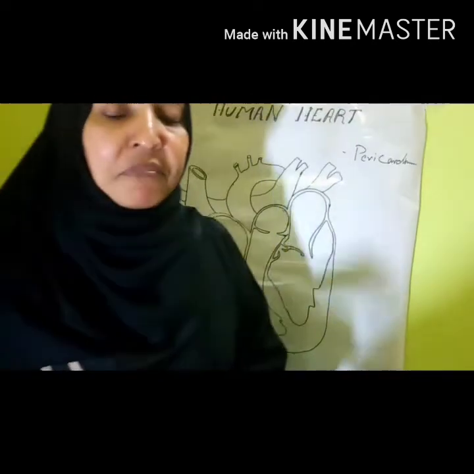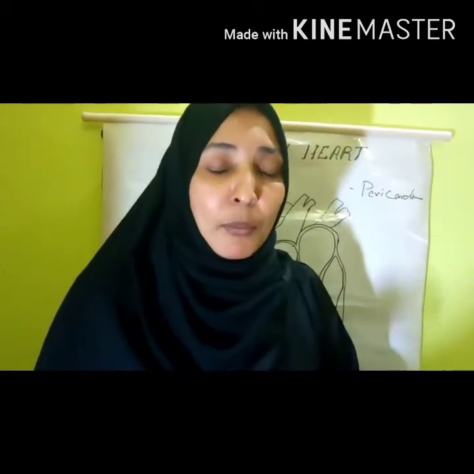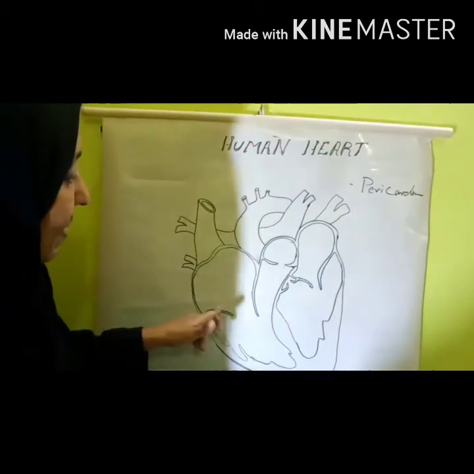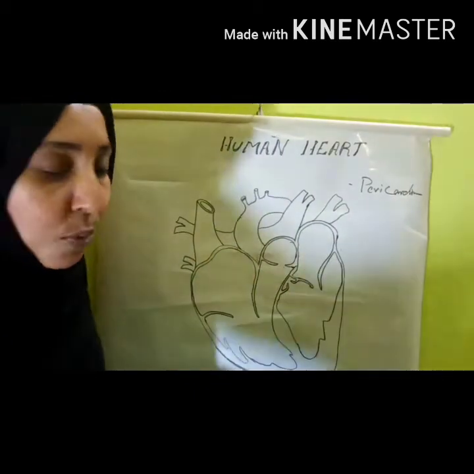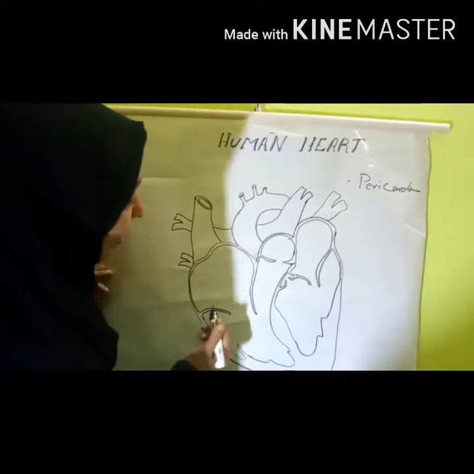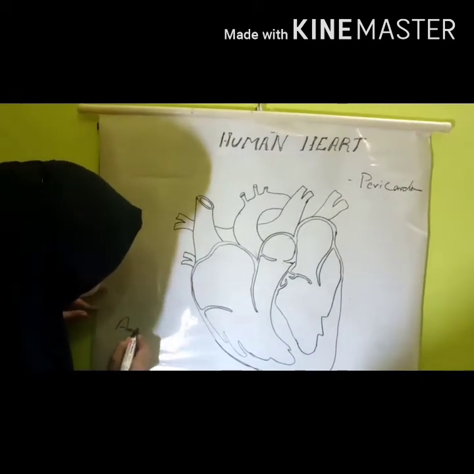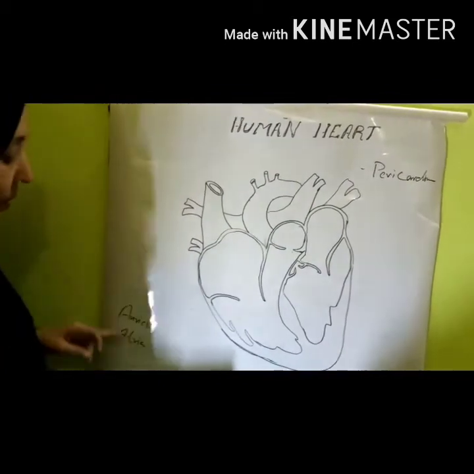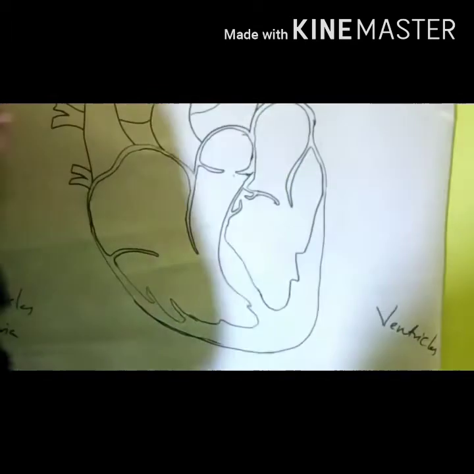Internally, the heart is divided into 4 chambers. Are you remembering what the chambers of the heart are? 2 upper chambers and 2 lower chambers. The upper chambers are known as the auricles or atria, whereas the lower chambers are the ventricles.